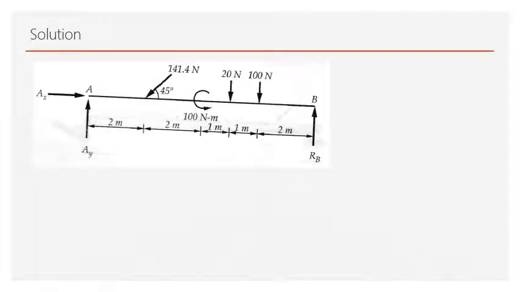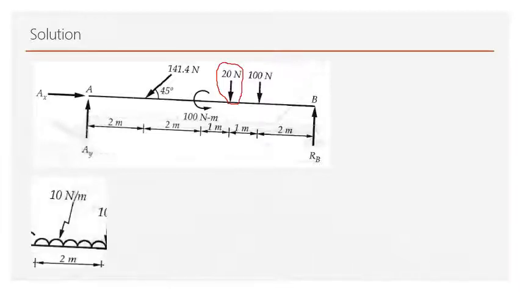Two reactions at the hinged support A, one reaction at the roller support B, and what we are seeing here is the 20 Newton. What is it? It is nothing but the equivalent point load of the UDL. UDL of 10 Newton per meter is spread over a length of 2 meter, and that is converted into a point load.